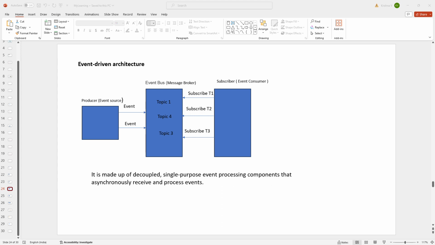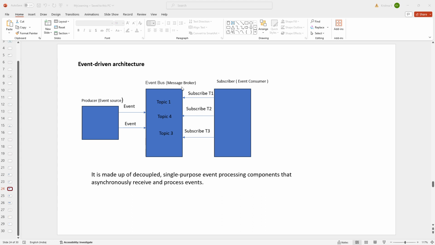So this pattern orchestrates the behavior around the production, detection, and consumption of all the events along with the response they evoke. So the event-driven architecture style consists of two topologies: mediator and broker.